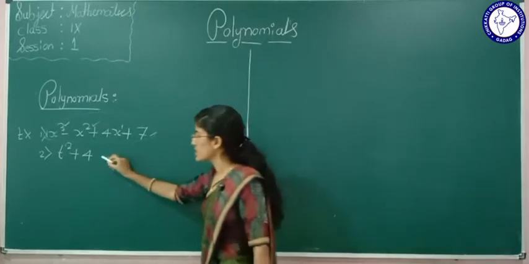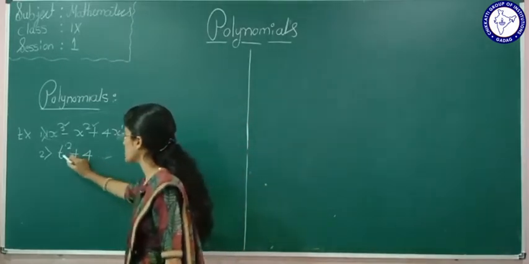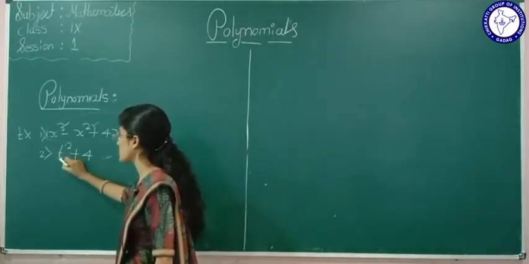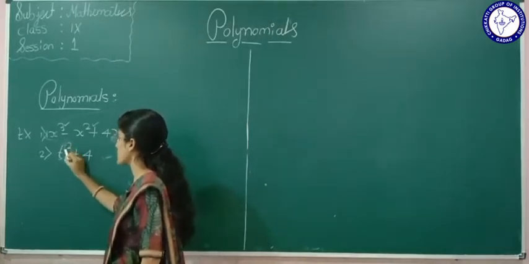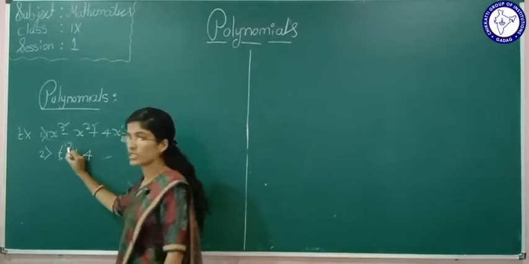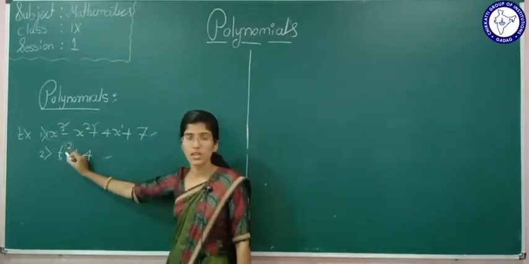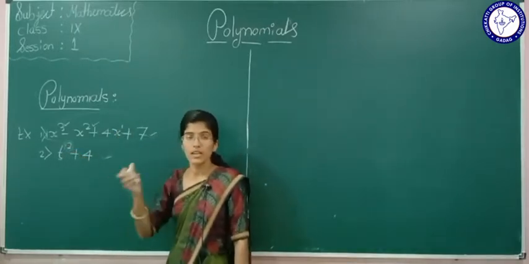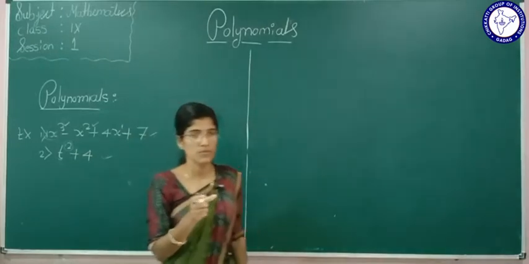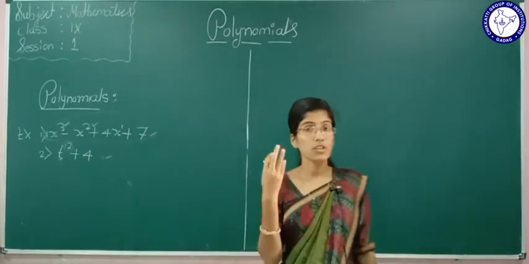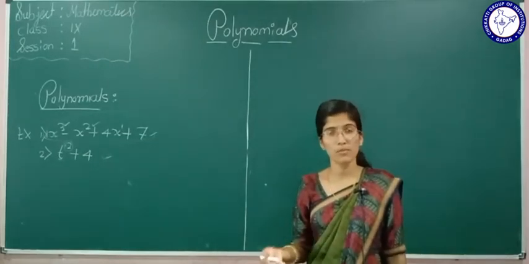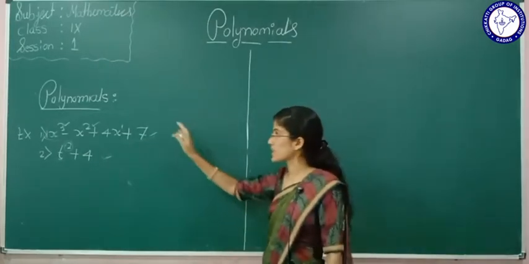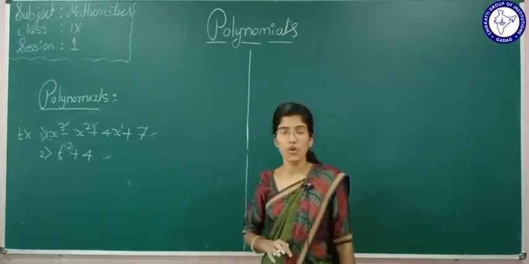Now see here, this is an algebraic expression in which the variable t is there. See the power of t, the power of the variable t is 2. This 2 is definitely a whole number. So what I want to tell is, if you have an algebraic expression, the power of the variable should be a whole number. If the power of the variable is a whole number, definitely that algebraic expression is a polynomial.